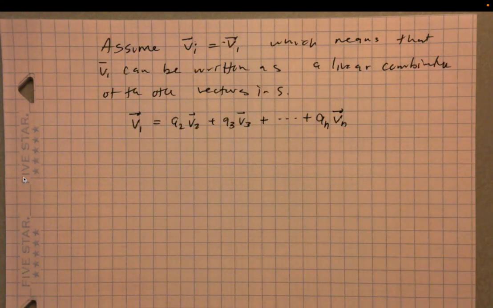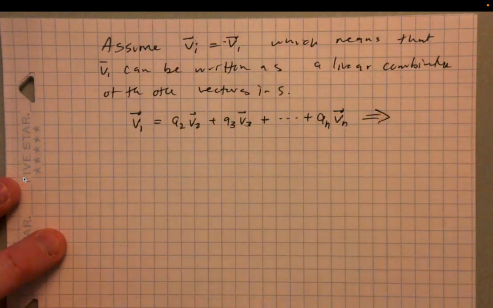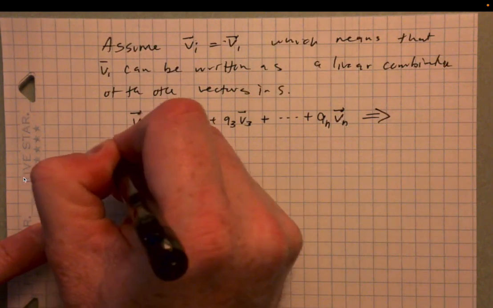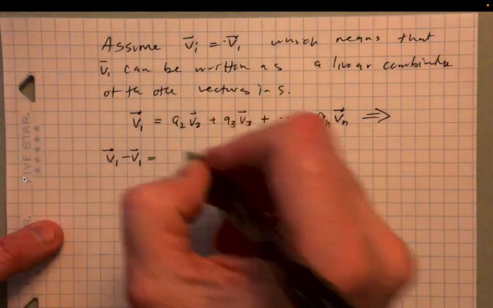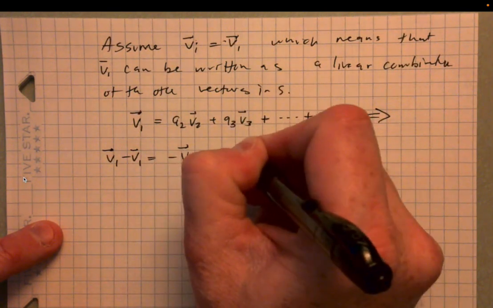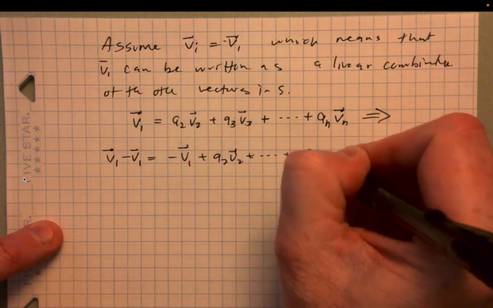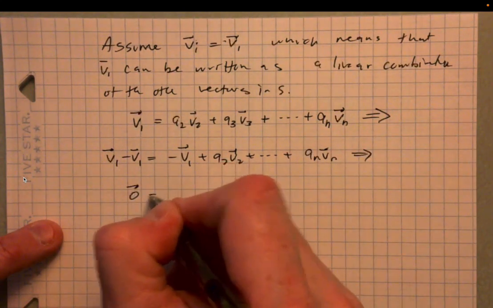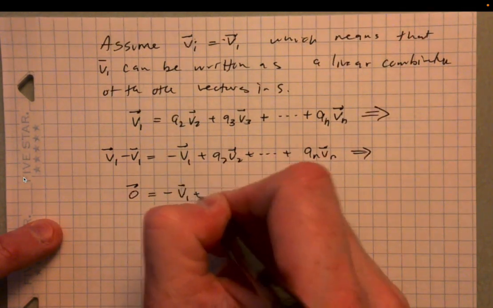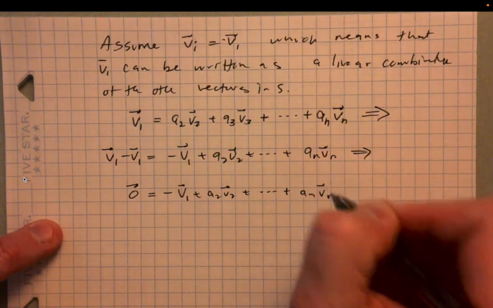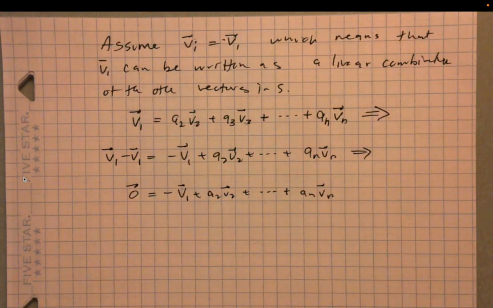Now some simple algebra can get you what you're looking for. Let's just subtract v1 from both sides of this expression. So v1 minus v1 equals negative v1 plus a2 v2 plus dot dot dot plus an vn. Now I've got the 0 vector on the left, equal to negative v1 plus a2 v2 plus dot dot dot plus an vn. Are we done?